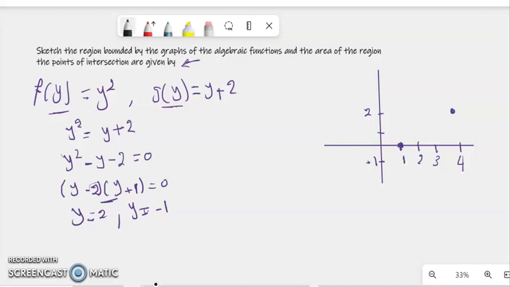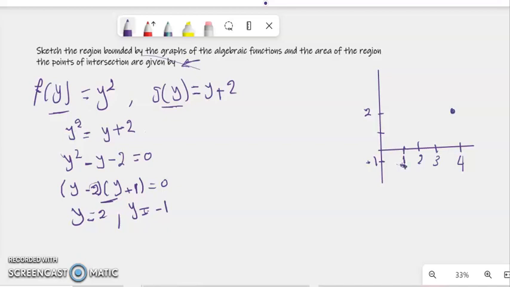When y equals negative 1, x equals 1. So it should be here, the second point.